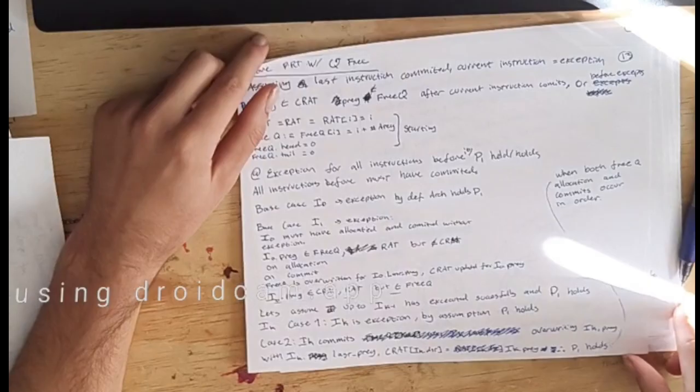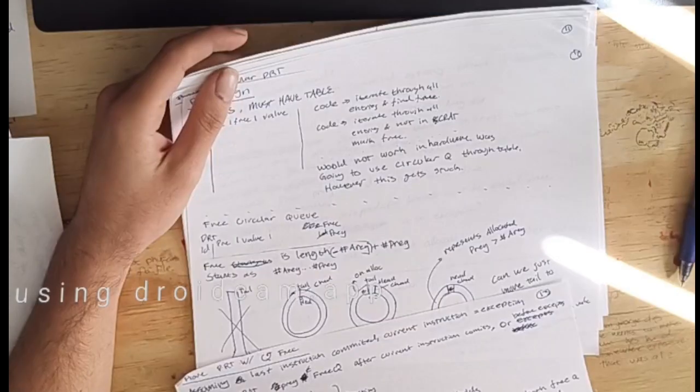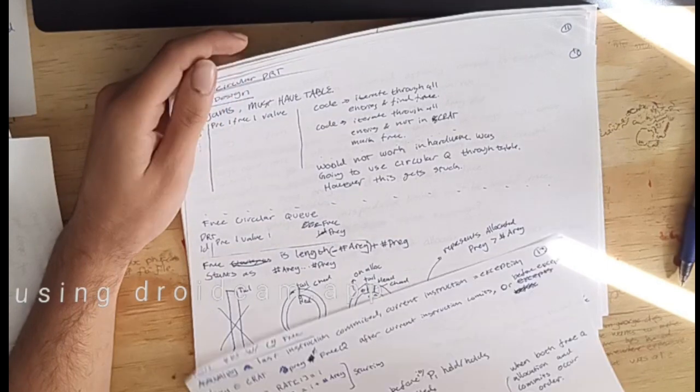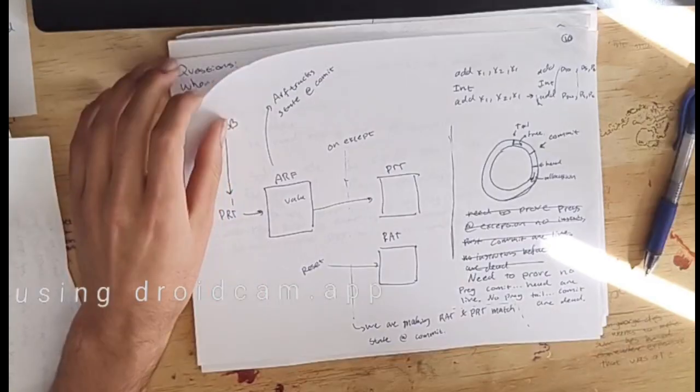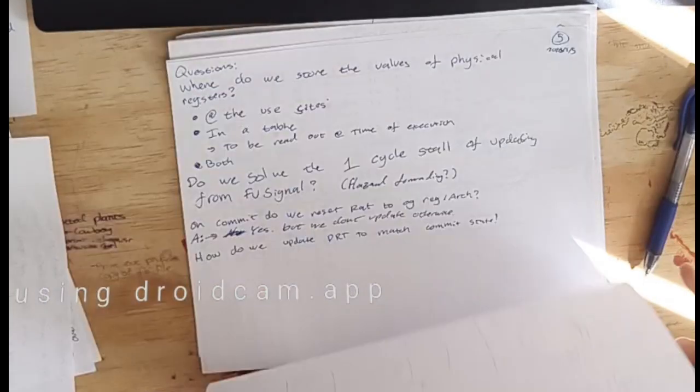Nope, we're so lost. Come on, let's actually think here. This is our PRT design. This is done. It's what we're working on before this. Getting rid of the ARF, which we did.